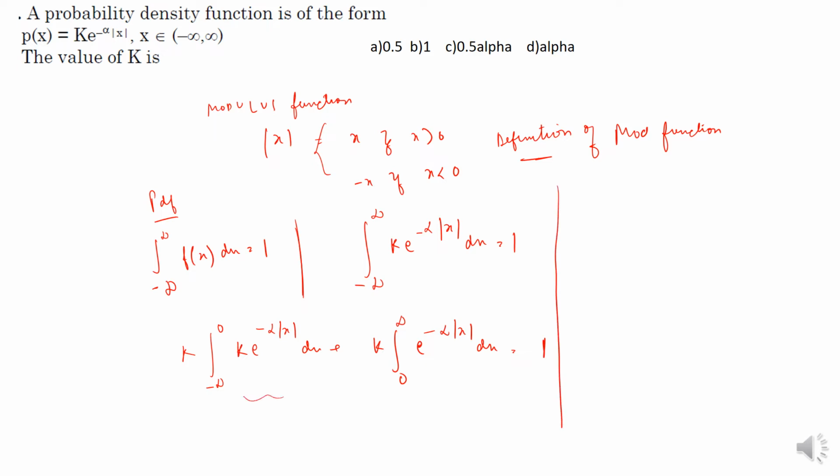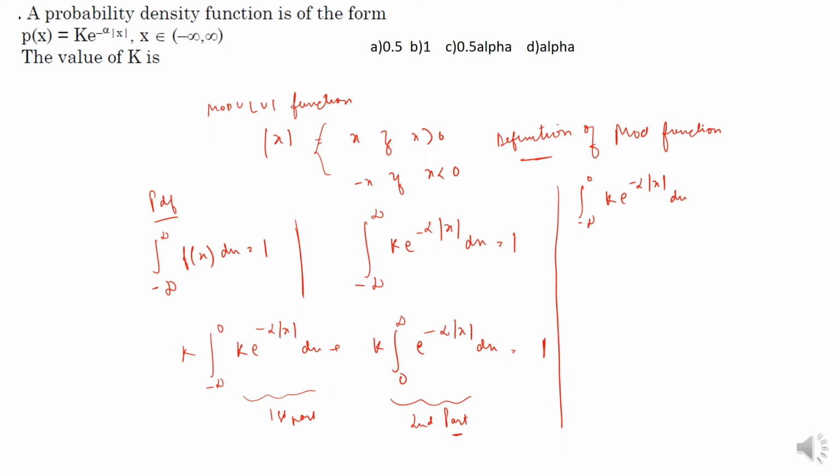Now this is the first part, this is the second part. Okay, now see, as I told, the first part is the integral from minus infinity to 0 of k e power minus alpha mod x dx.